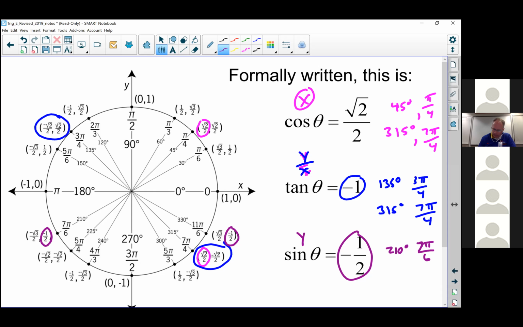And then I also have 330 degrees, which is 11 pi over 6. So again, if you give it to me just in degrees, great. If you give it to me in radians, great. If it says find the degree amount or find the radian amount, list the appropriate one. If it just says whatever, either answer is fine with me.